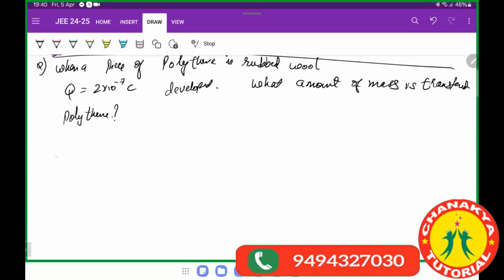So Q equals NE, so N equals Q by E. Q is 2 into 10 to the power minus 7. So mass transferred equals mass of electron into number.